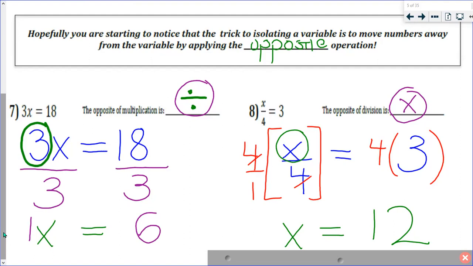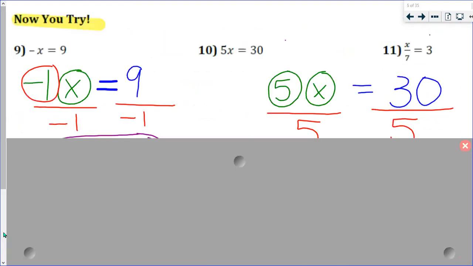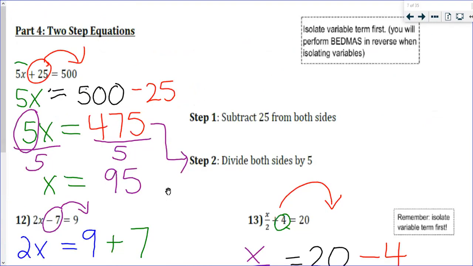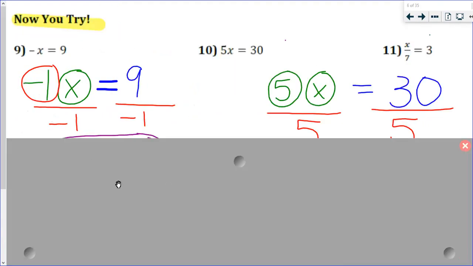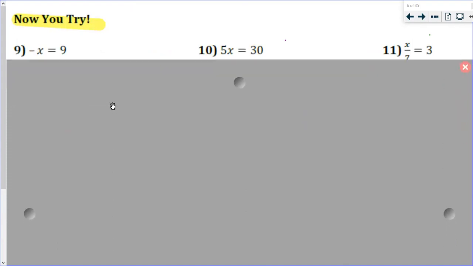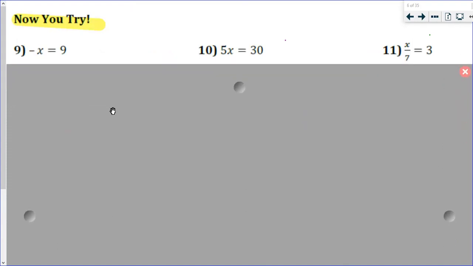Tomorrow I'm going to teach you 2-step operations. Okay, we're going to practice a few more, and we're going to stop at 2-step equations. So you can see we're going to get into more complicated questions.